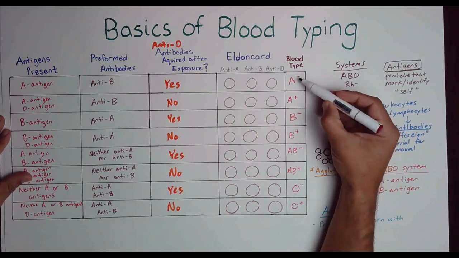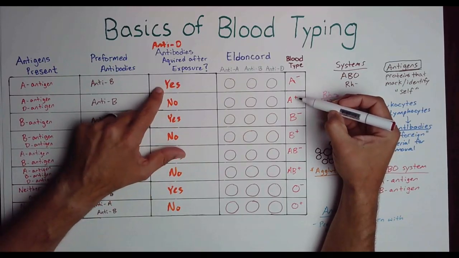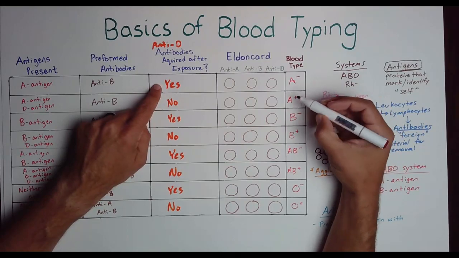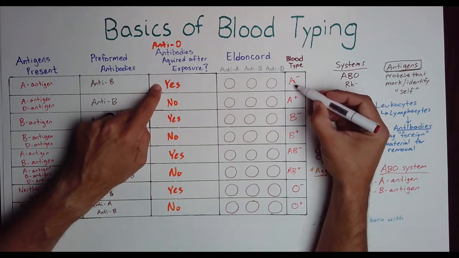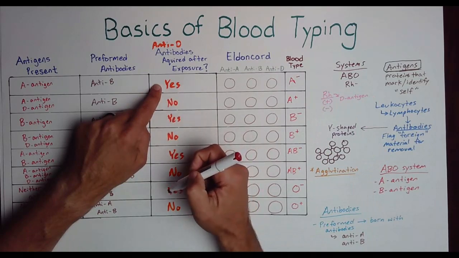If you don't have the antigen and you're exposed to the antigen, you're going to start to acquire antibodies against it, and that's not good. The first time you're exposed, you won't get too sick, but the second time you're exposed, you will get very sick and potentially die. So again, if you have an A minus blood, you're exposed to it, you start producing antibodies, then the next time you're exposed to it, you will most likely die.